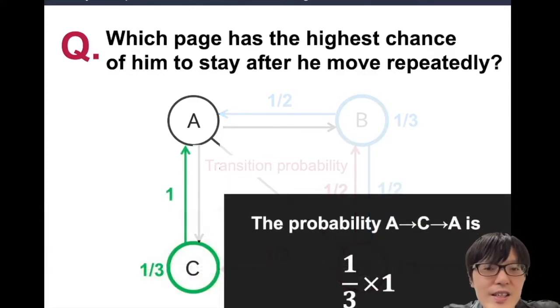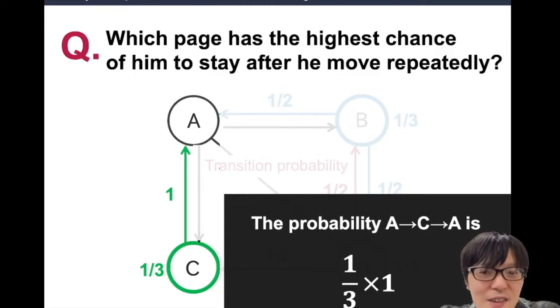The second case is that the user moves from A to C in the first transition, and then he moves from page C to A in the second transition. As we already calculated, the user's probability of staying on page C after the first transition is 1/3.